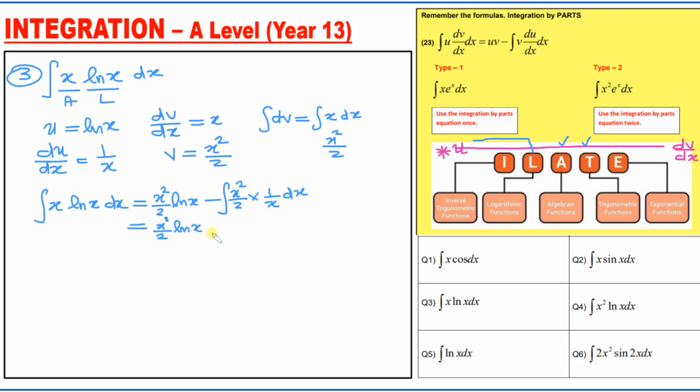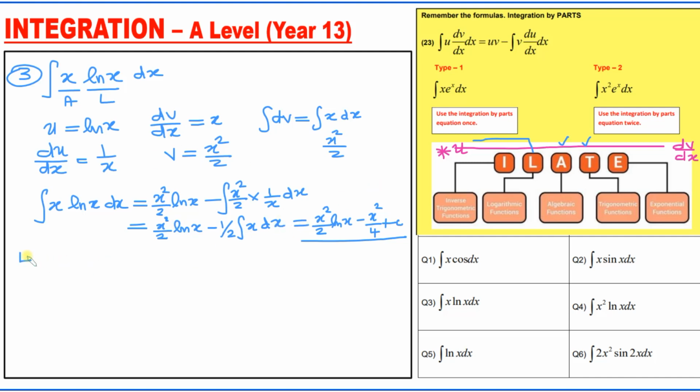Now x squared and x cancel, so minus half outside, and integrating x dx, right? And that answer will give x squared over 2 ln x minus half x squared over 4. So that x squared over 2 times the half, I will write the formula straight away, minus x squared over 4 plus c, and that is the answer for that question, right? Careful with all the steps.